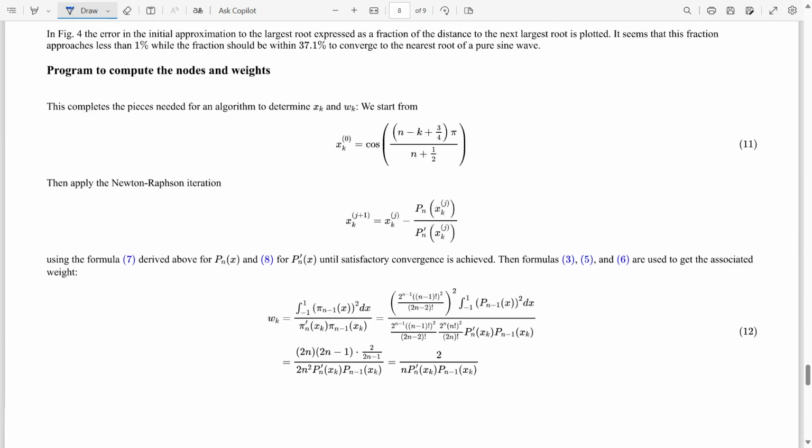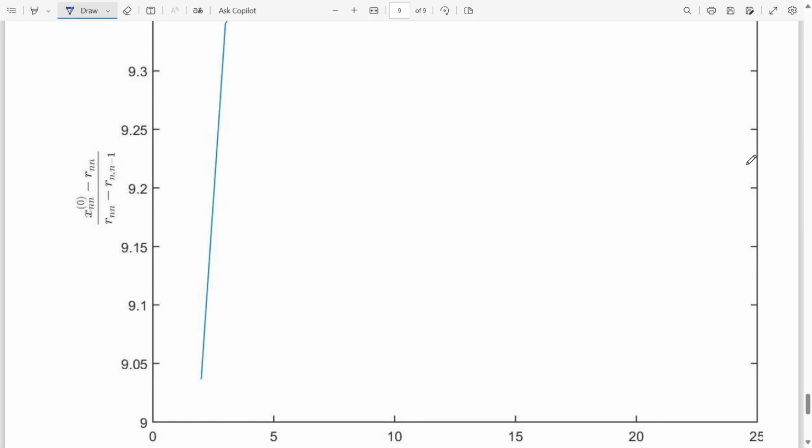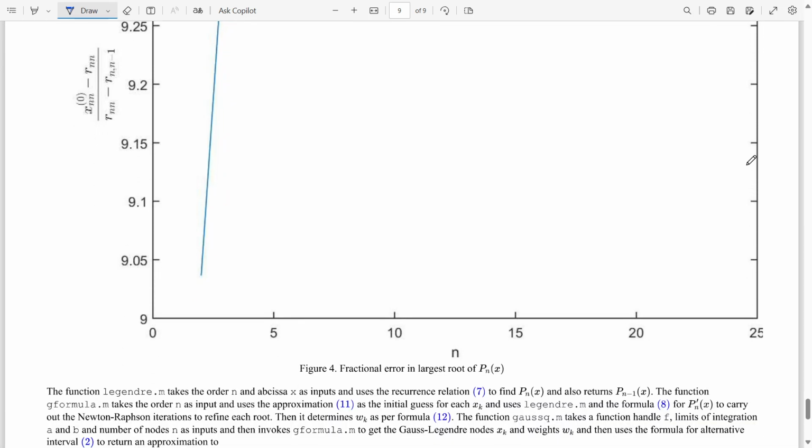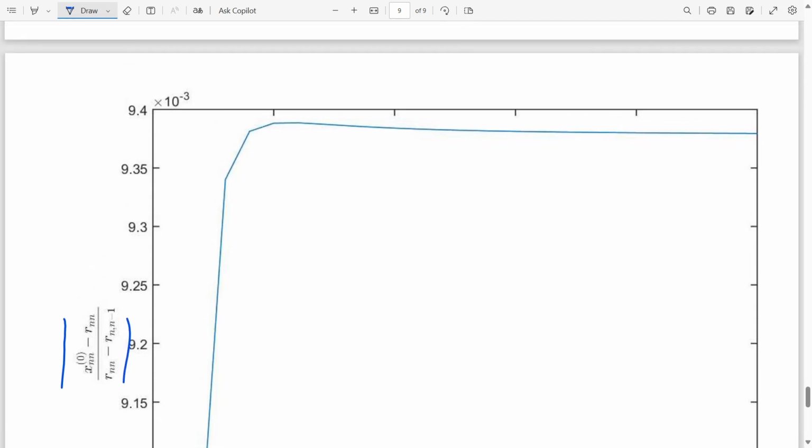So if we wanted to be a little bit more quantitative, for the first few values of n, we could plot the error in the first root divided by the distance between the first and the second roots, and we see that it is less than 1%, and seems to be approaching a limit.